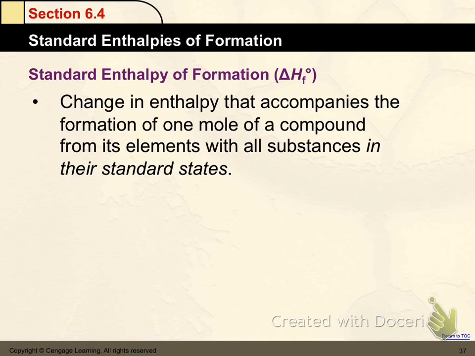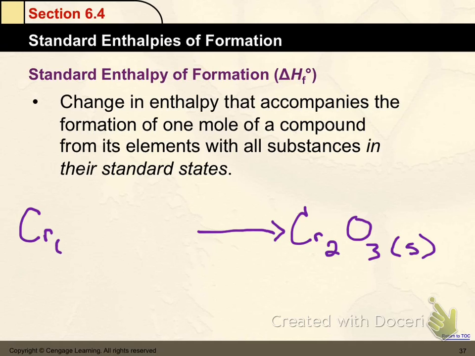Let's go back to that chromium example, Cr2O3. Chromium oxide is a solid. So if we form that from its constituent elements, we'll have some chromium. Chromium is a solid metal, plus oxygen. Remember, oxygen is diatomic and a gas at room temperature.